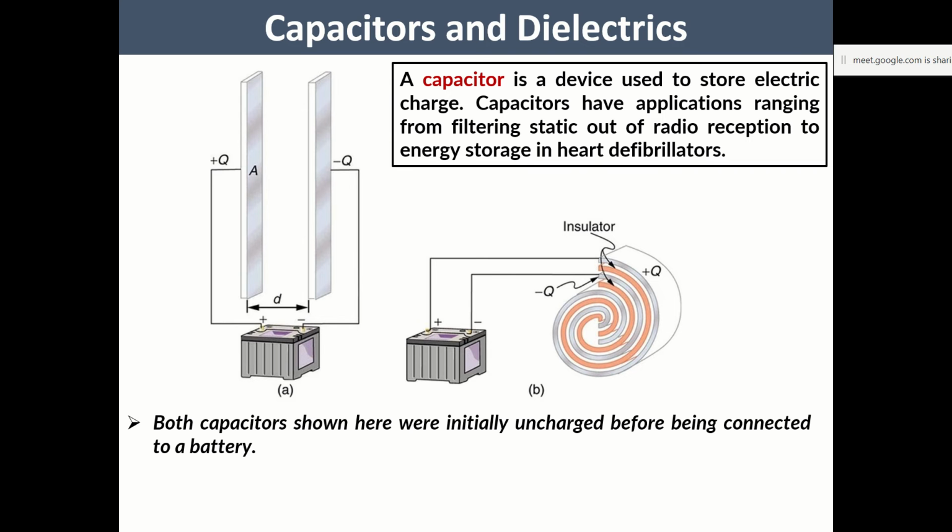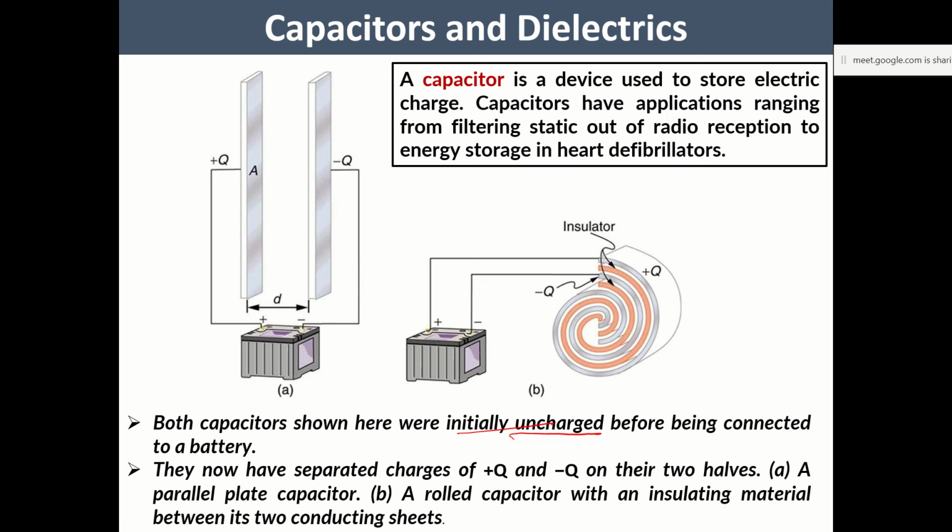Initially what you see is uncharged, and after connecting to the battery they have plus q on one plate and minus q on the other plate. That's how the two halves get oppositely charged. The rolled capacitor is the second example. The parallel plate capacitor is the first example.